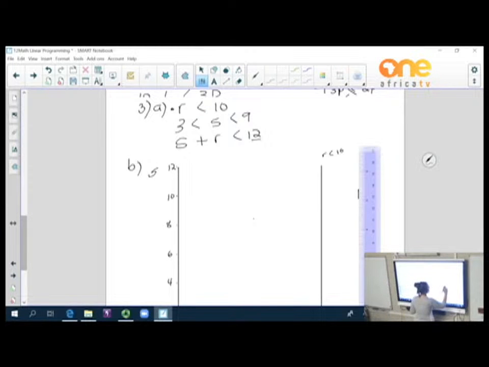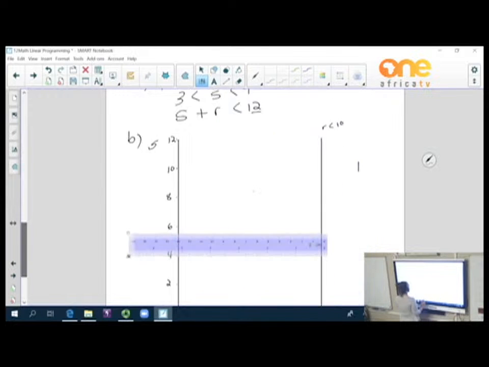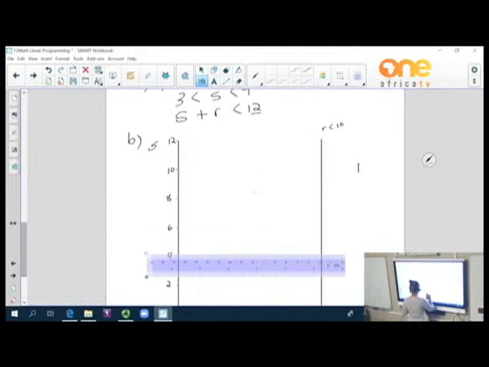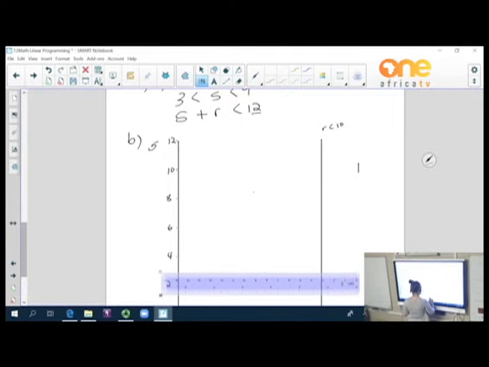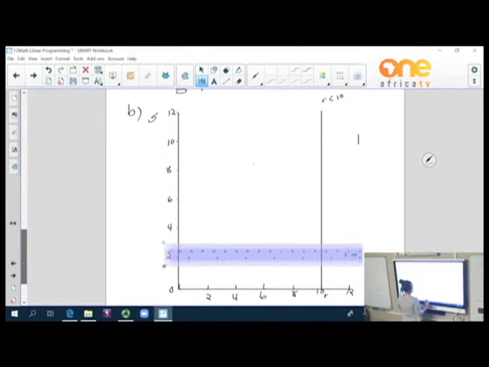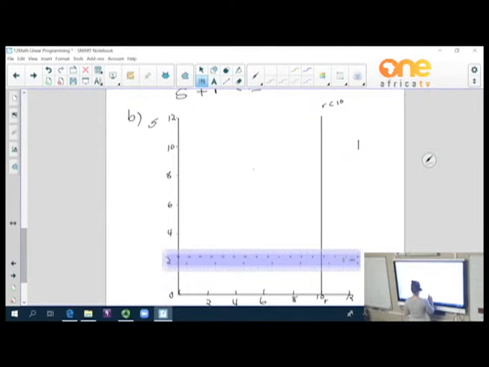So what we will have in this case is 3. So we will find 3, which will be somewhere there in the middle. Remember, we will stop at 12. So that is almost in the middle.